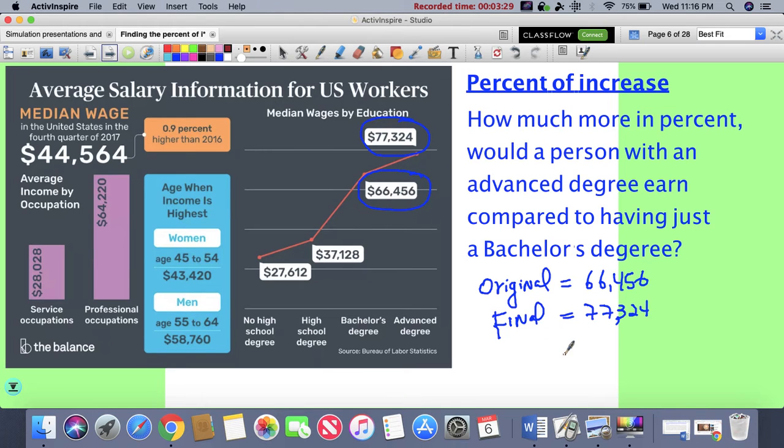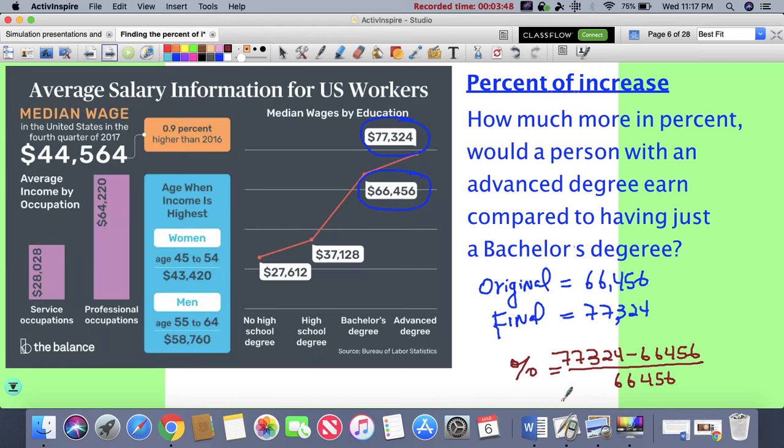So now we can subtract. So we're going to go 77,324 minus 66,456 over 66,456. Right, so that's going to give me the percent.